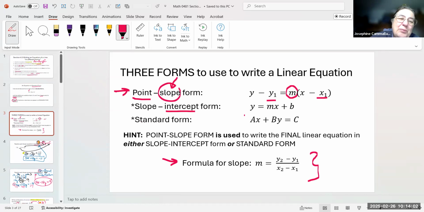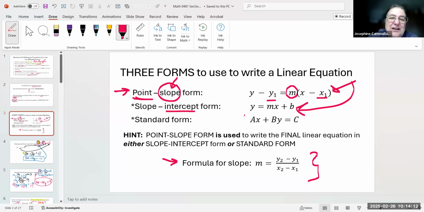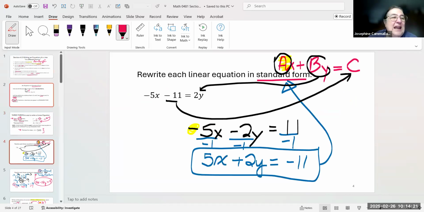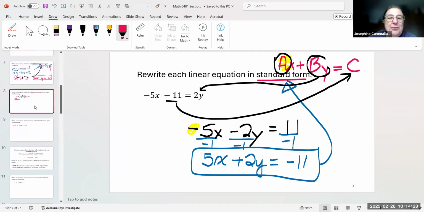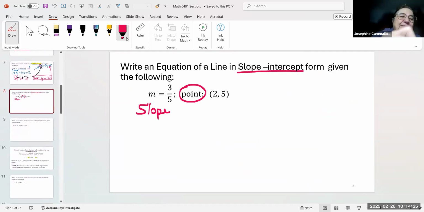I have a slope, I have a point, which means I've got to start with this form in order to get the form so that I have a slope-intercept form. Well, let's show you how we do it. Okay.